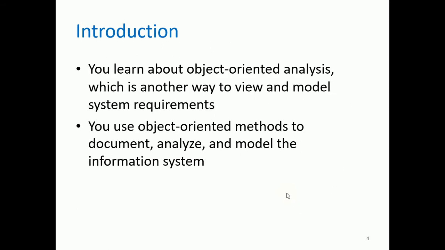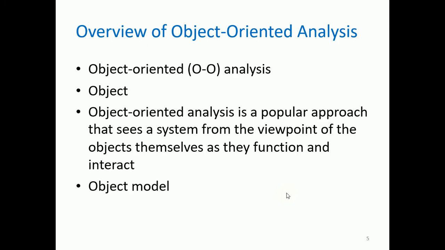For the introduction to this chapter, you learn about object-oriented analysis, which is another way to view and model system requirements. You use object-oriented methods to document, analyze, and model the information system. For the overview of object-oriented analysis, or OO analysis, by the word itself, it deals with objects.